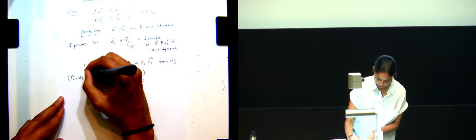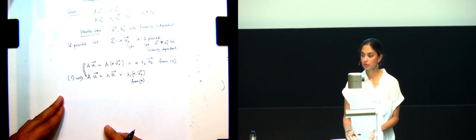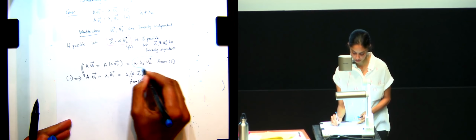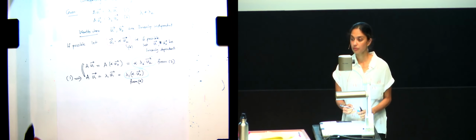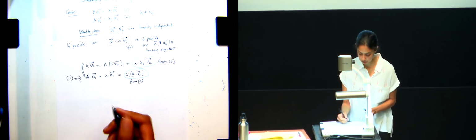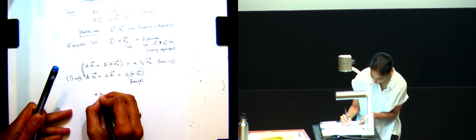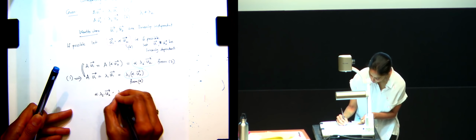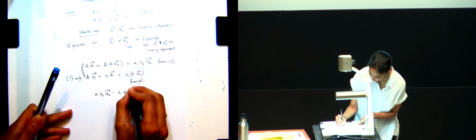But what are these guys? Are these guys equal? So then what does that mean about these guys? This means that alpha times lambda 2 times V2 must be equal to lambda 1 times alpha times V2.